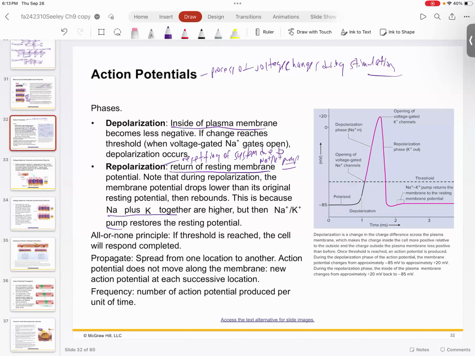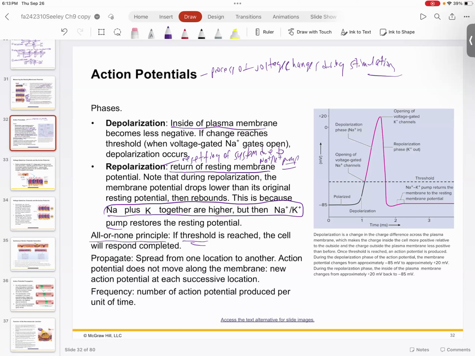So your pump is key in resetting the system. Typically speaking, when you take a look at an action potential, one of the important things to understand is that the action potential is an all or none principle. You don't have a little bit here or a little bit there or partial potentials. You have a threshold that you get up to, but then once you get to that threshold, boom, it's all or nothing. You get it or you don't.